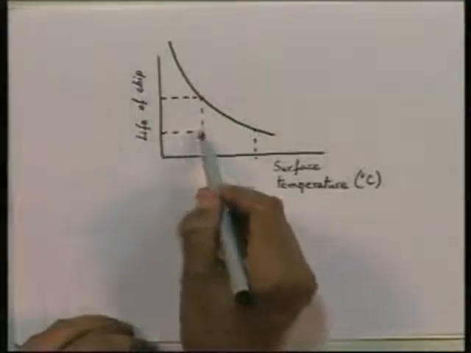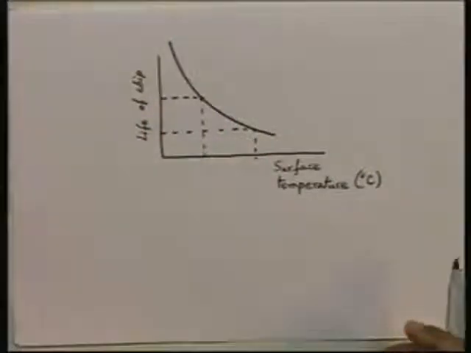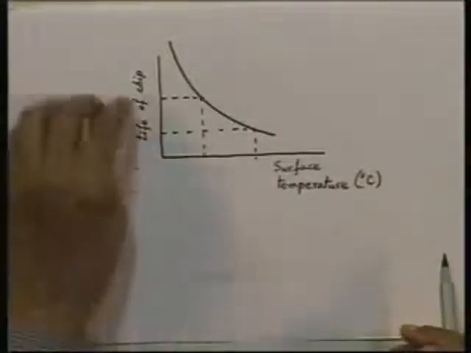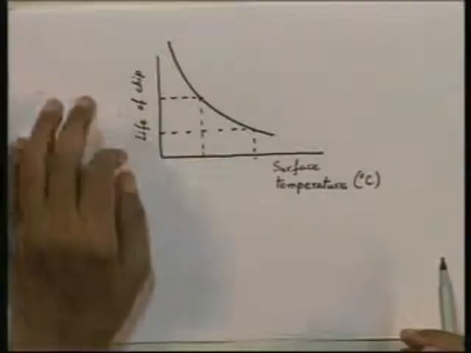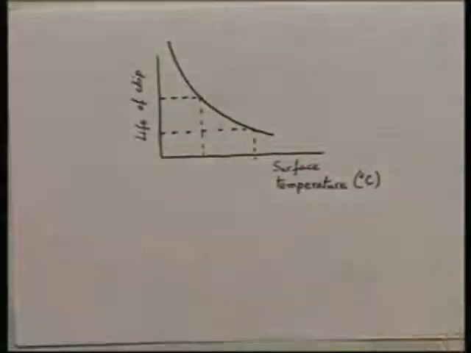So, going from 52 to 97, if the temperature stays at 97 for long enough, I might reduce the life of the chip to a value below what is desirable for continuous safe operation of the chip. Typical surface temperatures that we need for chips are in the range of 50 to 60 degrees centigrade. We do not like temperatures of 60, 70 or much higher.